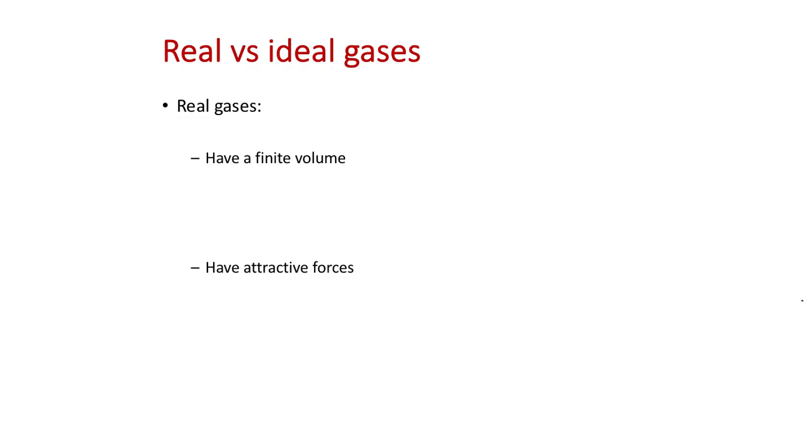Now, the last topic of the chapter is real versus ideal gases. So when do gases behave as non-ideal gases? We've mentioned the two situations are whenever they start to liquefy or whenever there's just too much gas in the container. So whenever we start to pressurize a container, go to a higher and higher pressure, the particles of the gas are going to start to occupy a non-negligible portion of the container.